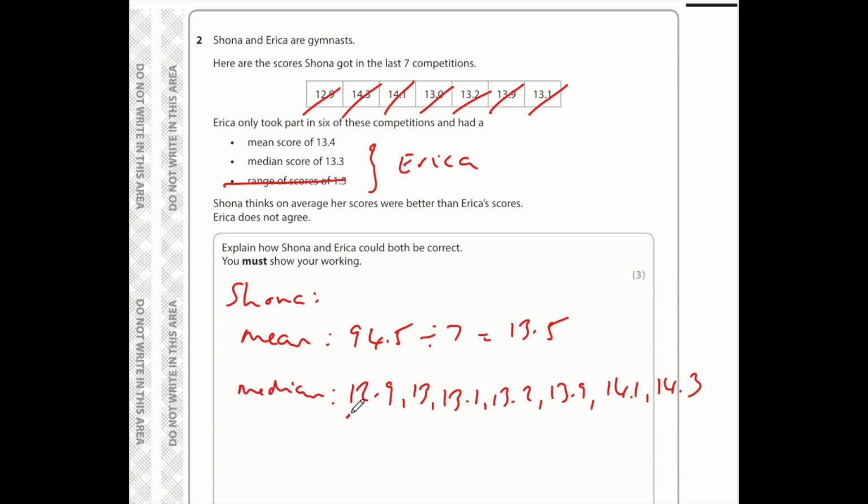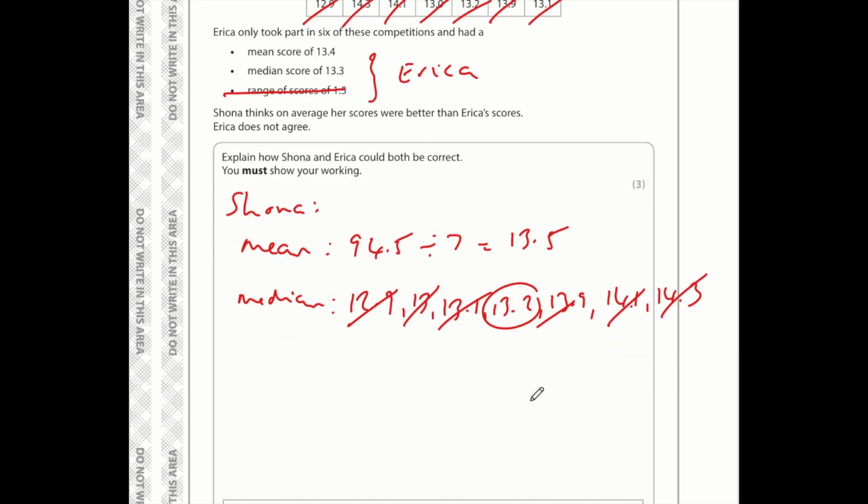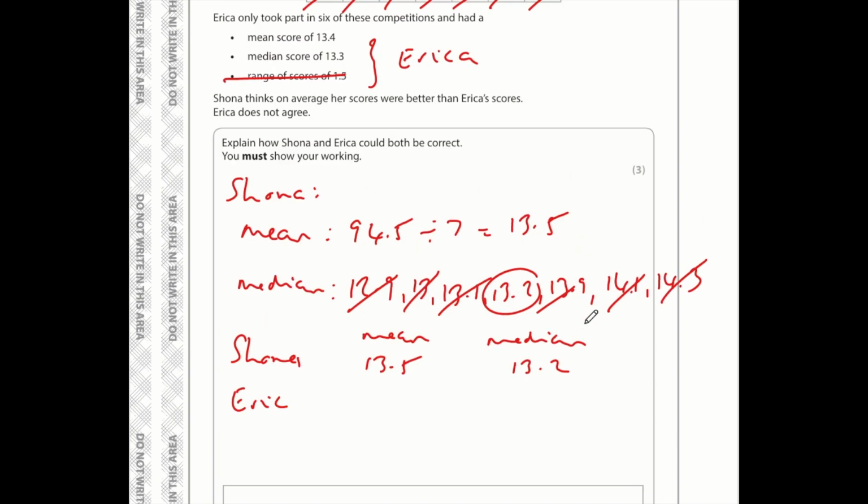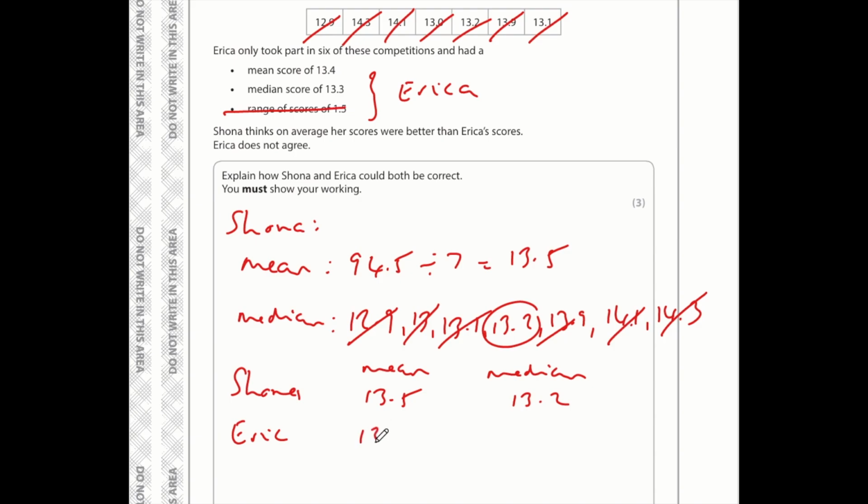So to find the middle one, cross off each end, cross off the new ends, and again, and that's the median there. Okay, so Shona, Erica, mean, median. We don't have to write a table, but I just want to make it really clear. For Shona, the mean is 13.5 and the median is 13.2, and for Erica, the mean was 13.4 and the median 13.3.